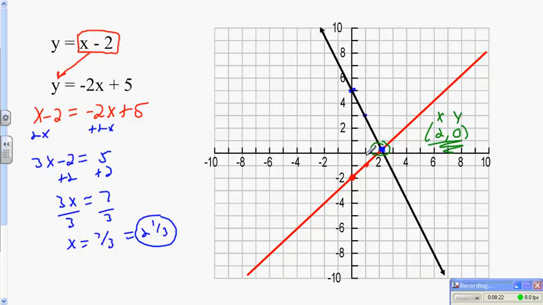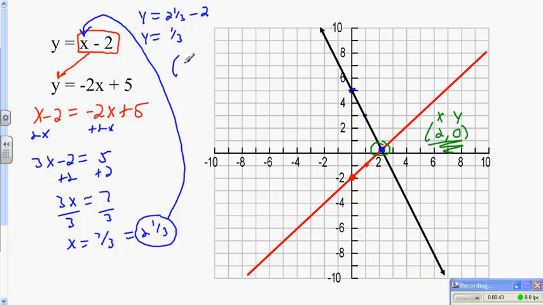Now to find the y, I'd take that answer and put it right there, which means I'd have y equals 2 1/3 minus 2. Well, 2 1/3 minus 2 is 1/3. So by substitution, we found that the x is 2 1/3 and the y is 1/3.